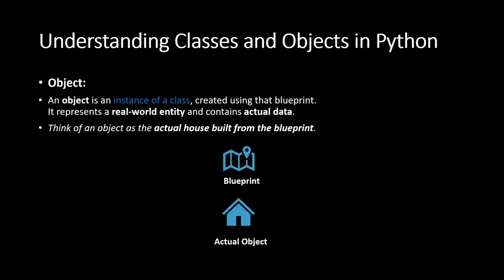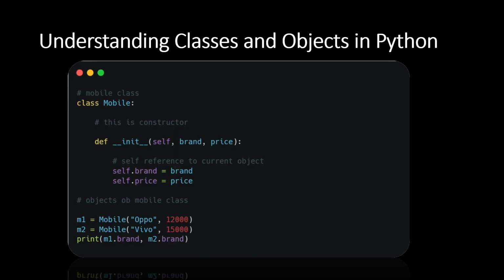Like suppose we have a blueprint, and based on that blueprint we create an object, meaning a house. Then this house is the actual object. Just as we define a class, if we create an object from that class, then that is an instance of the class.